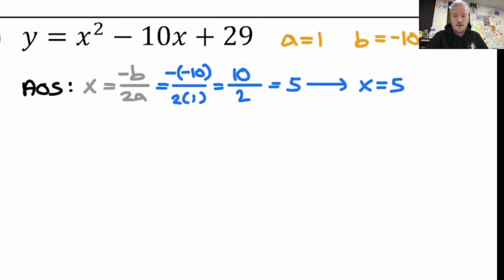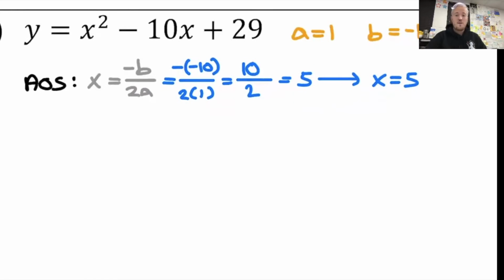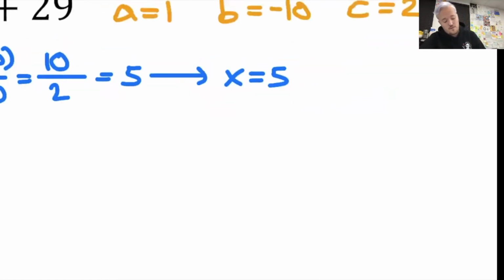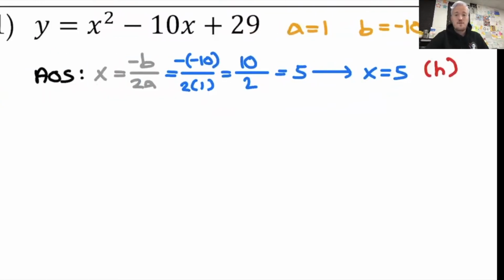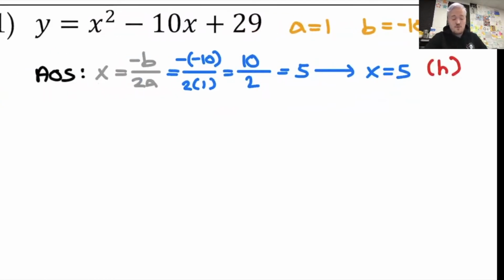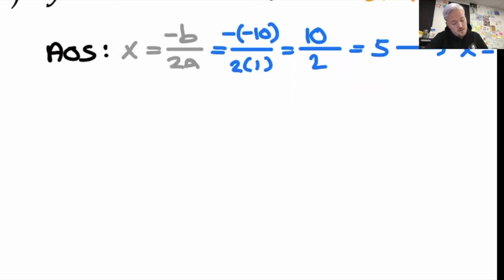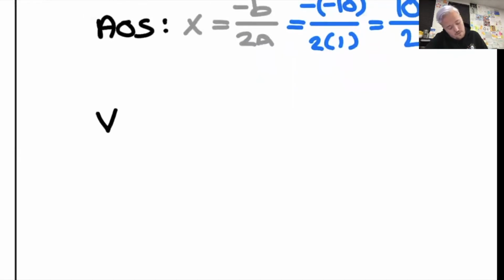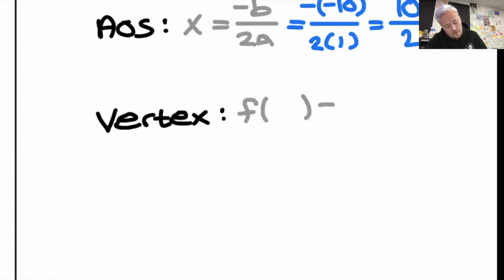So 5 is our AOS. Remember, this right here is your H value. Now we need to find the K value, which is your vertex. Just like before, I want to plug in that value that we just found.